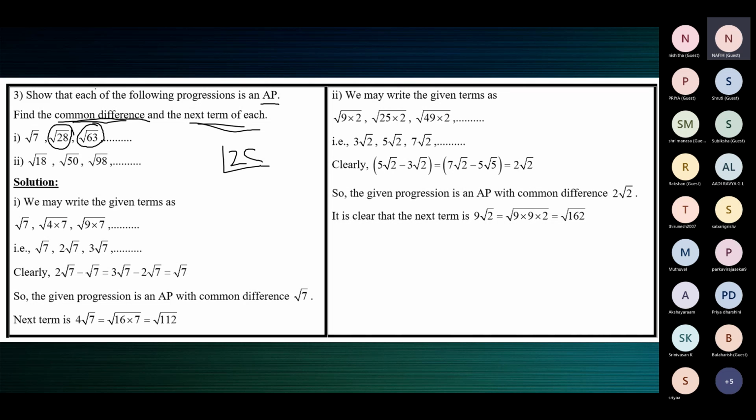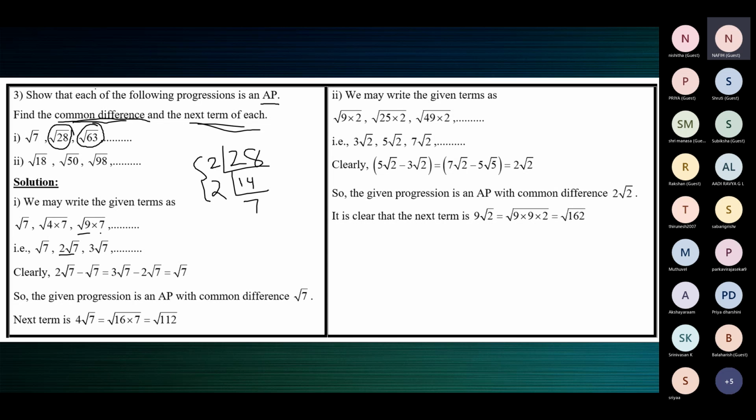What are the factors of 28? 2 fourteens, 2 2 sevens. So you can write 28 as 2 into 2 into 7. Root of 2 into 2 into 7 is root of 4 into 7. Of 2 2s, one 2 will come out, so 2 root 7.